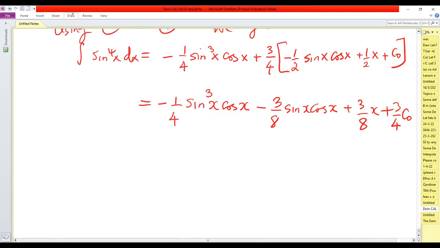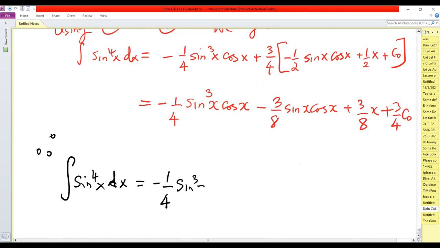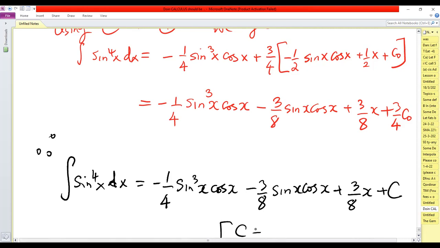And so, therefore, the integral of sine power 4 x dx is negative 1/4 sine cubed x cosine x minus 3/8 sine x cosine of x plus 3/8 x, and then plus c, where this c is the constant 3/4 c naught.